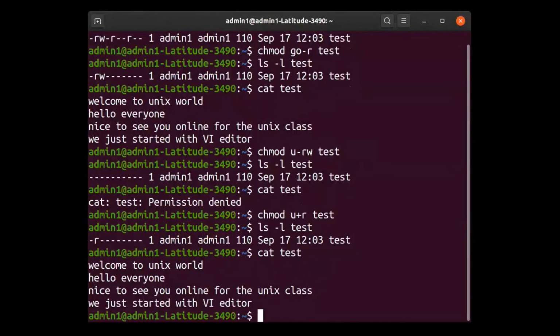Okay. So this is the type of role that Unix provides in terms of file attributes and file permissions. And this is how you can change the permission in Unix with the help of symbolic mode. So if you have any doubts, you can raise your hand or ask the question in the chat box.